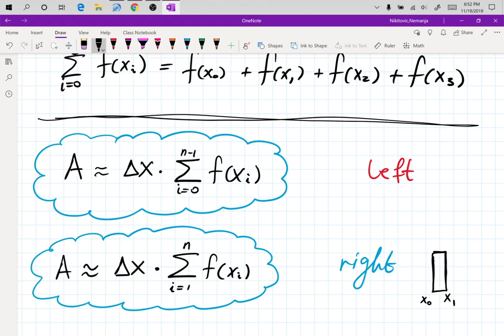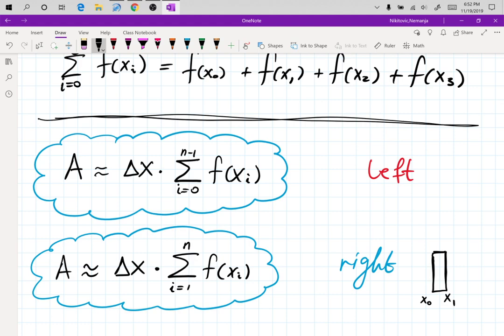And that's it. The more rectangles you pack in, you will have to deal with more calculations, but your result is going to be better. So no matter what the function is, you can always compute the values inside that function and then multiply everything by delta x and just be done.